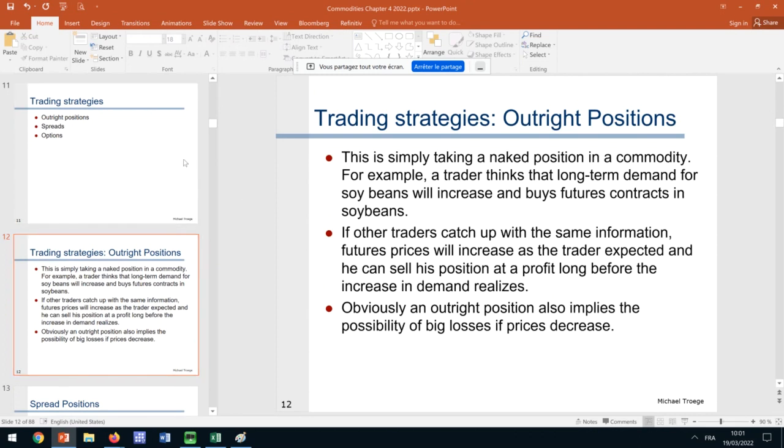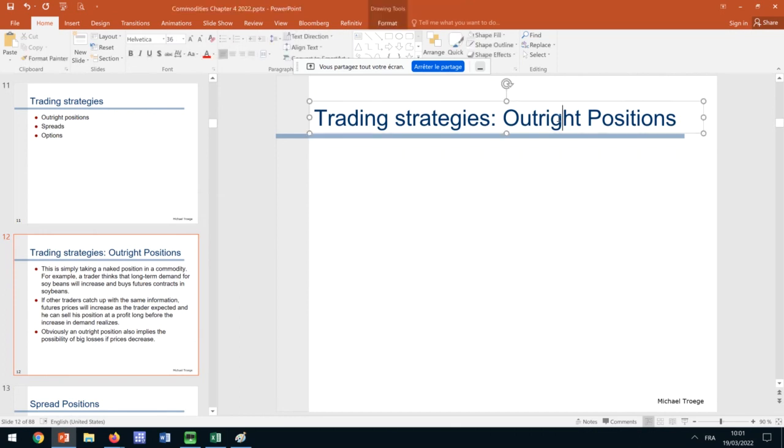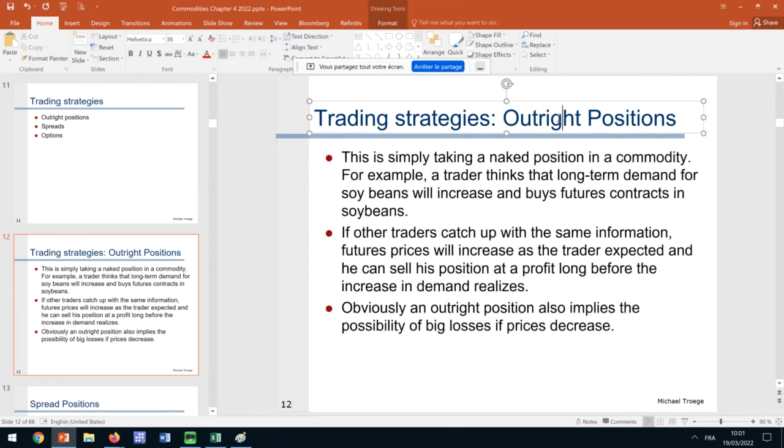If you take a directional bet on the change of a certain future price, people talk about an outright position. For example, I buy 2 contracts of sugar for delivery in September 22. That's an outright position, but as I said, this is very rare.